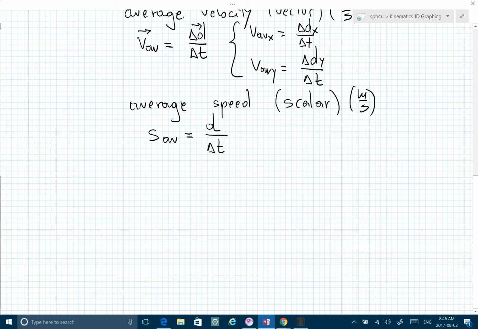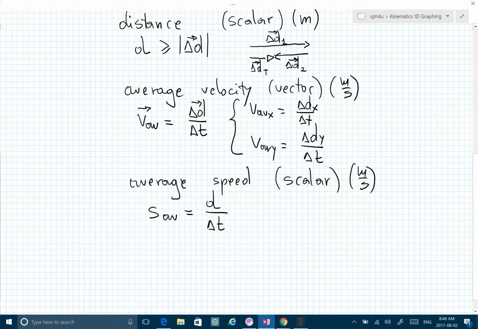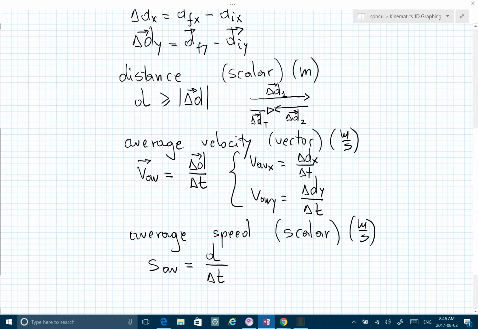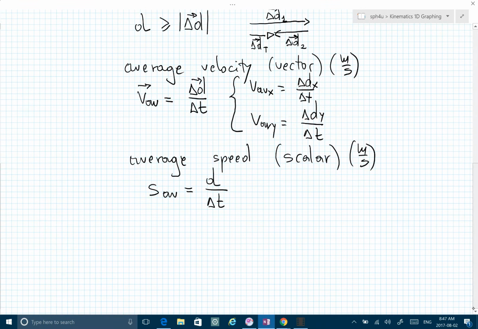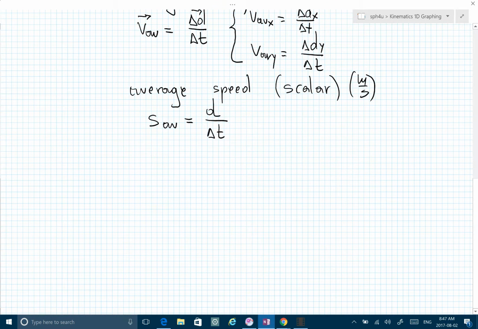We move over to instantaneous. So far, these are average things, right? So now we need to know what happened in an instant, right? So first we define what an instant is.